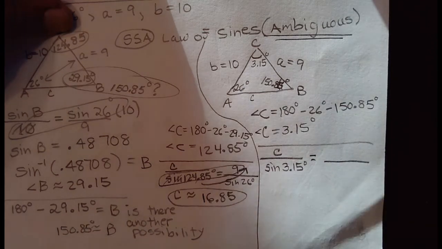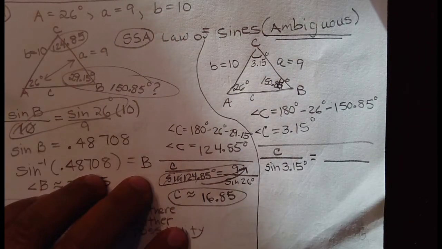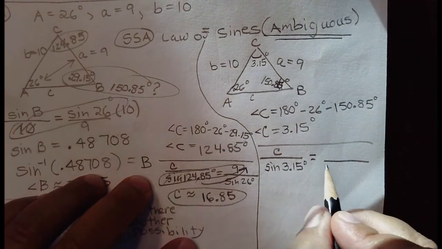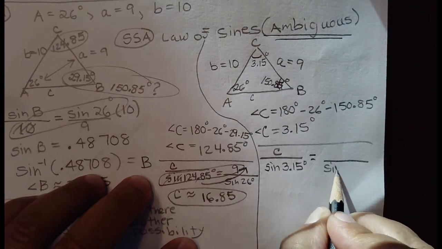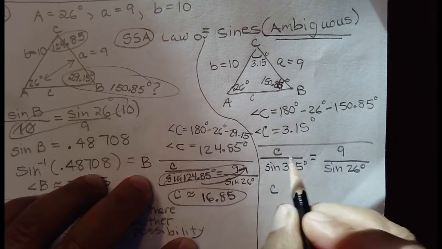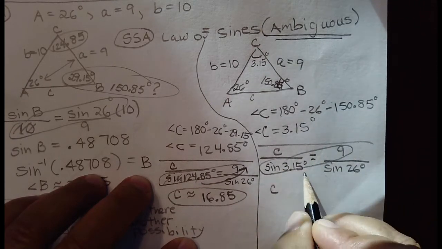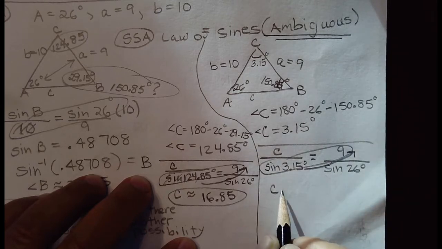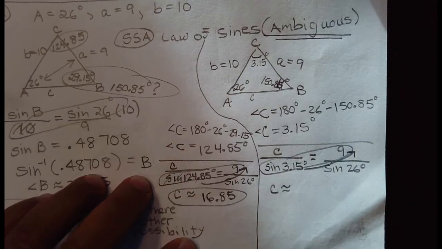Like I said, I'm running out of real estate here. So I am going to just put that here, that's going to go up here, and go ahead and put it in the calculator. So it'll be 9 times sine of 3.15. And then finally divided by, and maybe I have room here to write it. This is what I'm sticking in the calculator.